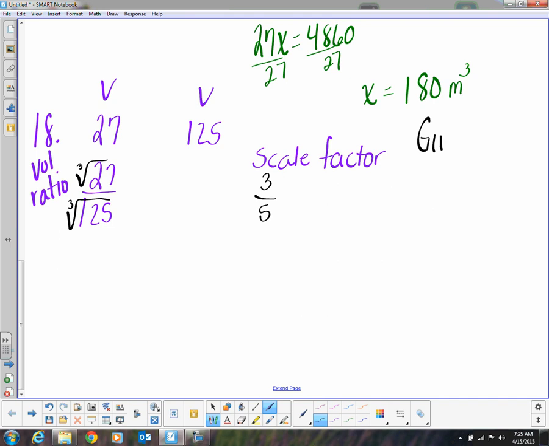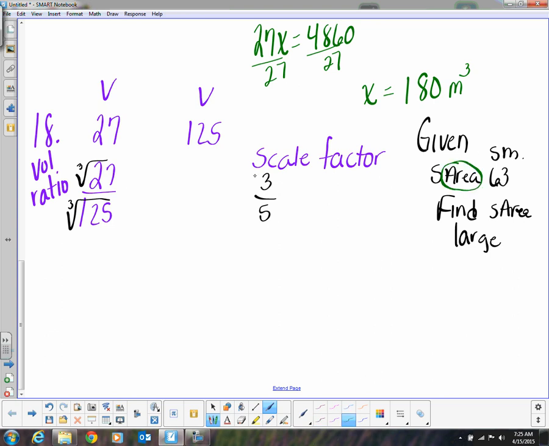We've been given a surface area of 63, and that is the surface area of the small. It's really important that you know, otherwise you don't know where to put it. We want to find surface area of the large. So, what ratio should I be in?